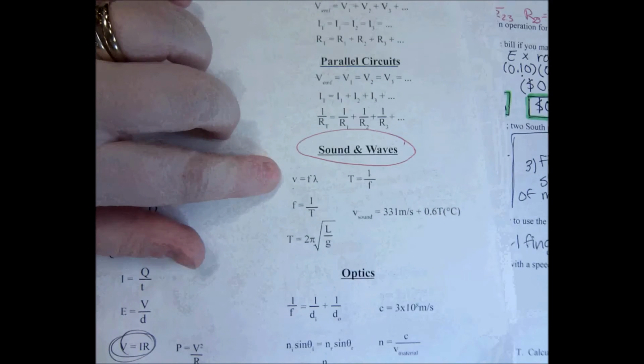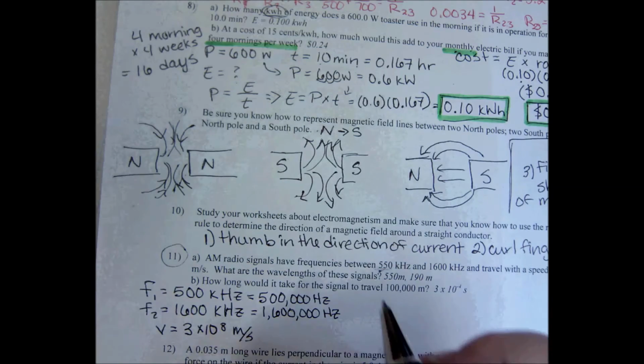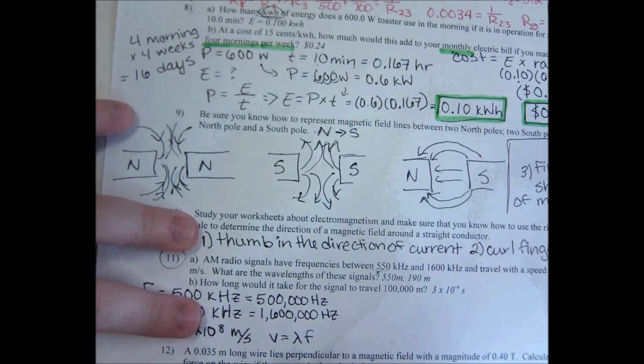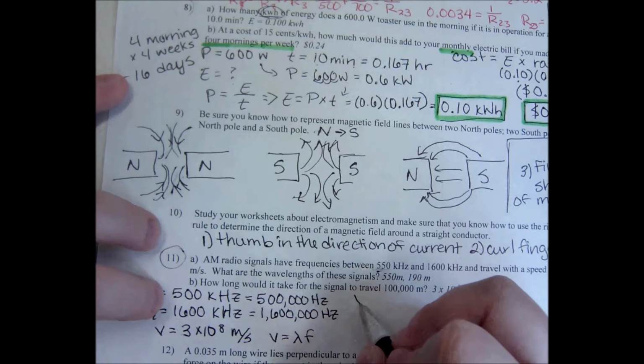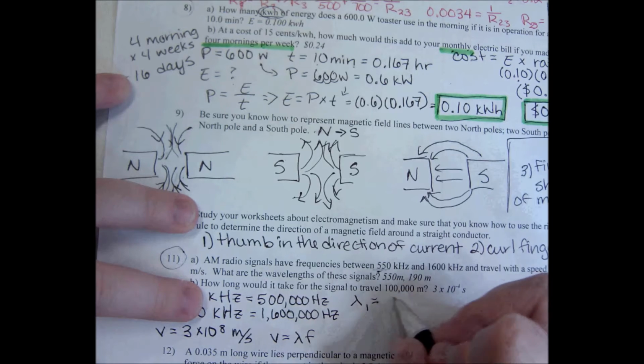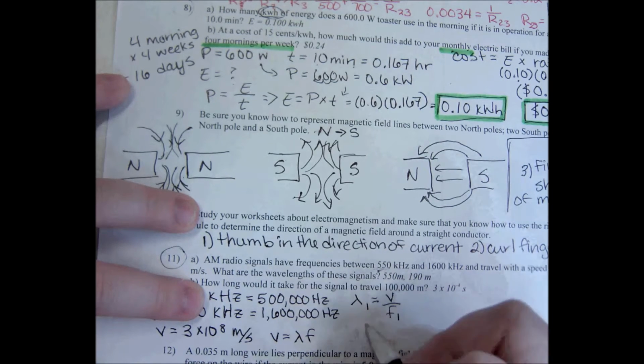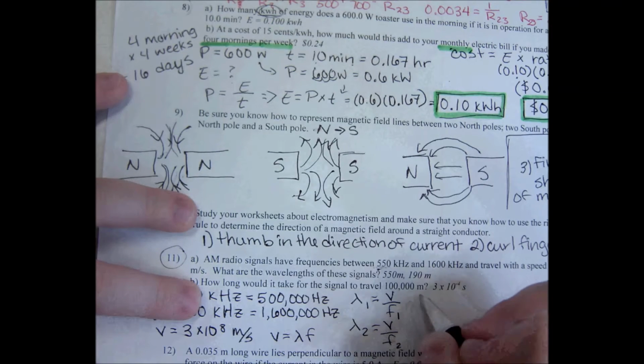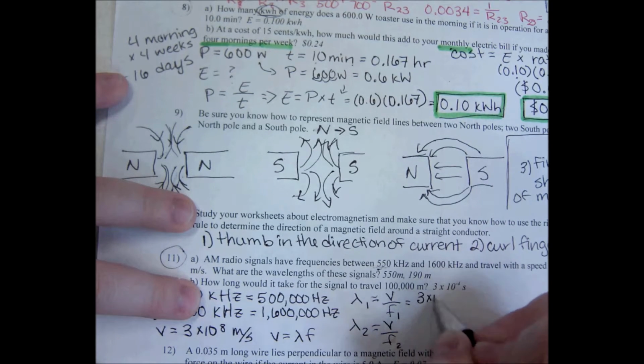So to find wavelength, we would look under sound and waves again. It's the same formula we've used before. V equals lambda f. So to get lambda 1, we would do V over F1. Lambda 2 would be V over F2.